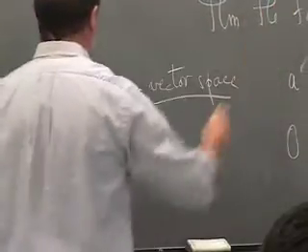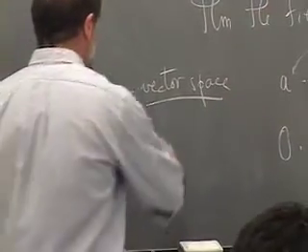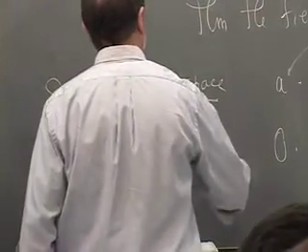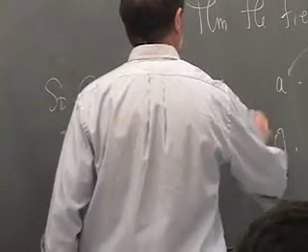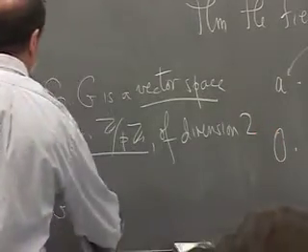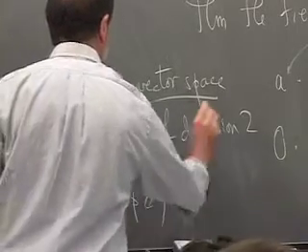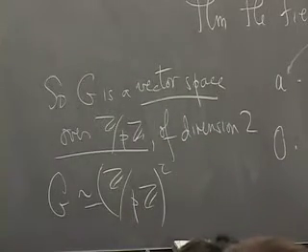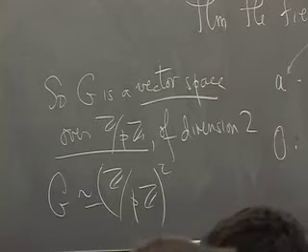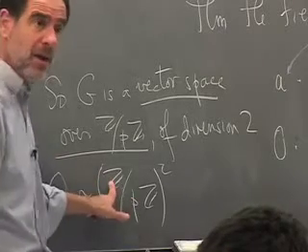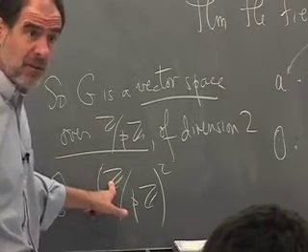It has order p squared, so it has dimension 2. So as an abelian group, G is isomorphic to (Z mod pZ) squared, because that's the two-dimensional vector space over the field of p elements. Every two-dimensional vector space is isomorphic to this one by the choice of a basis.